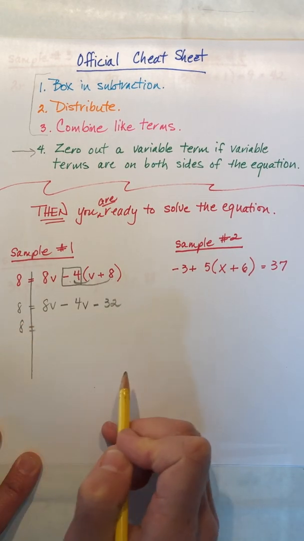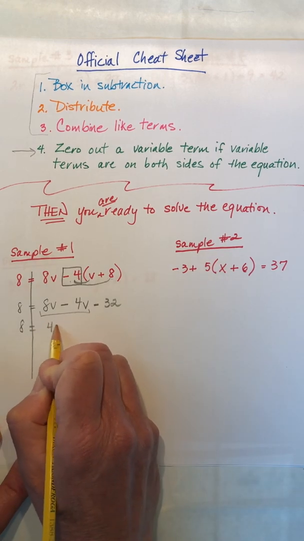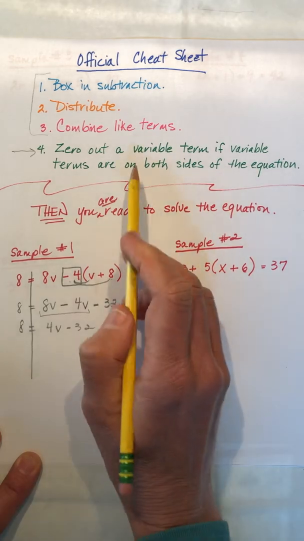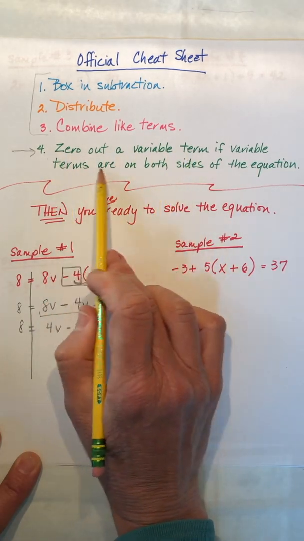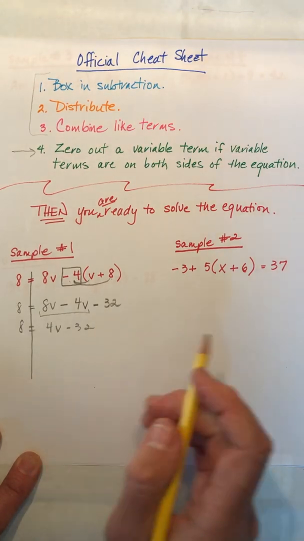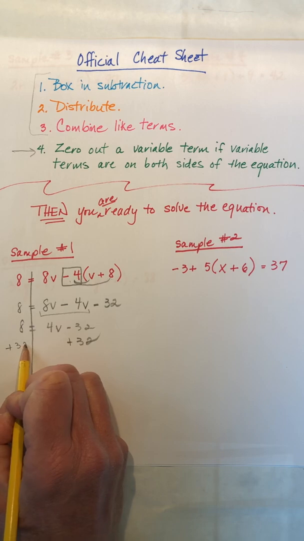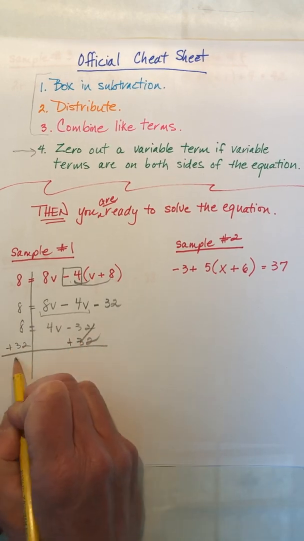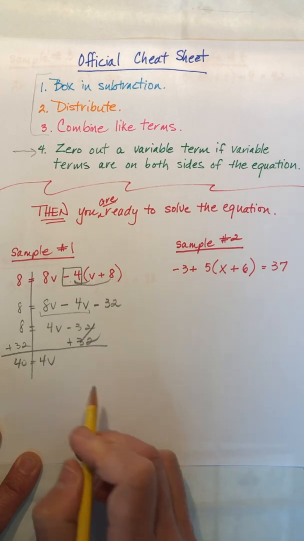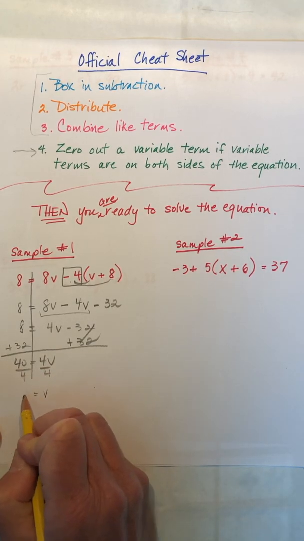So 8 equals 8v minus 4v, that's 4v, minus 32. So again, we're not dealing with this today. That's what we're going to do next time we get together. So I'm ready to solve now. I am adding 32 to both sides. I've got 40 equals 4v, dividing both sides by 4, and v is 10.